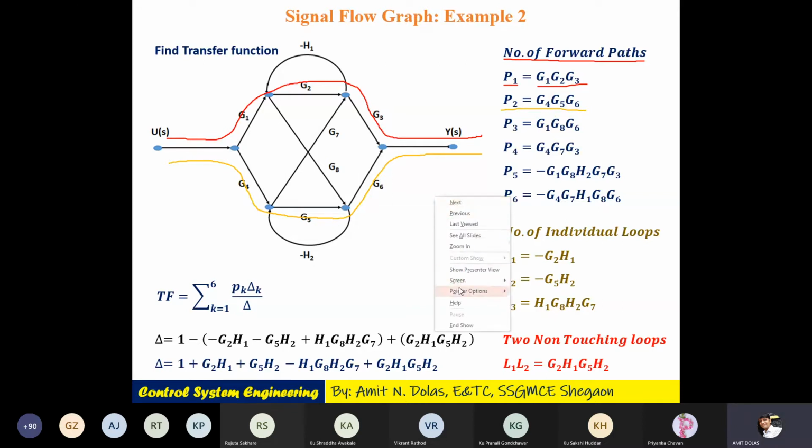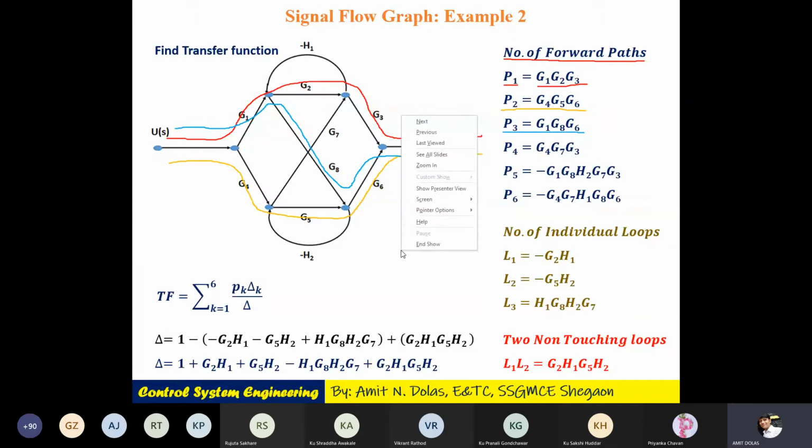Next, your P3. P3 is, I may go from G1, towards G8, and then through G6. Going straight ahead, moving forward. Though there is a turn, we are moving forward towards the output, initiated from the input. So this is P3: G1, G8, and G6.